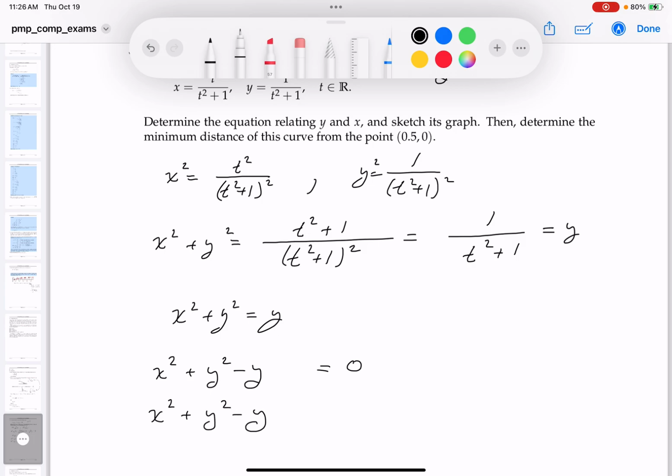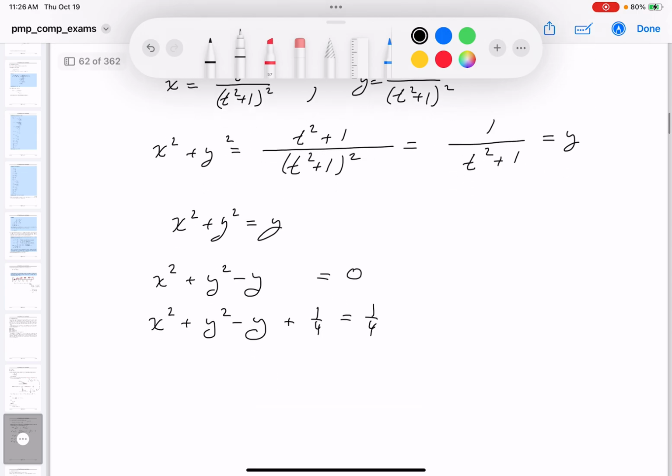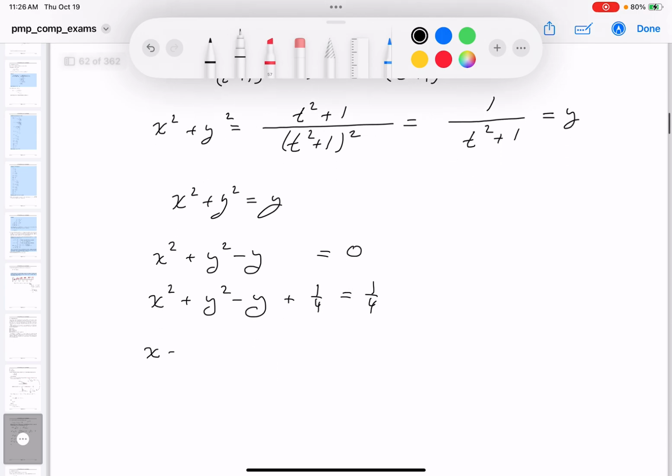That's minus y. Half of minus 1 is minus 1/2. You square it, you get plus 1/4, and that would be 1/4 to both sides. What do you get over here? (x minus 0) squared plus (y minus 1/2) squared is equal to 1/4.